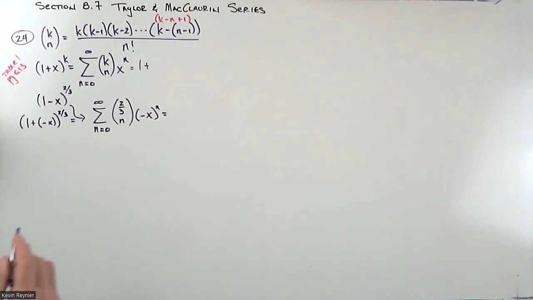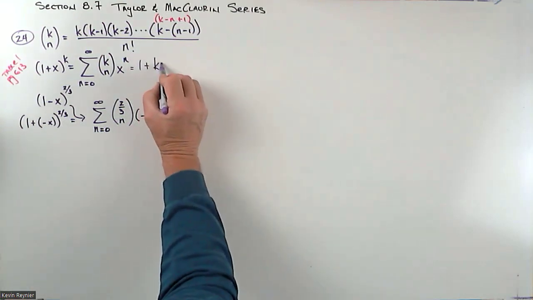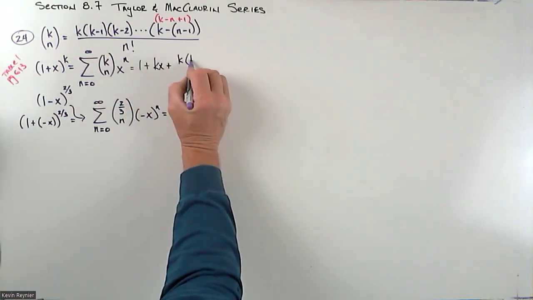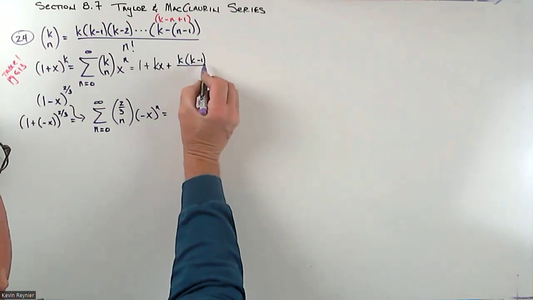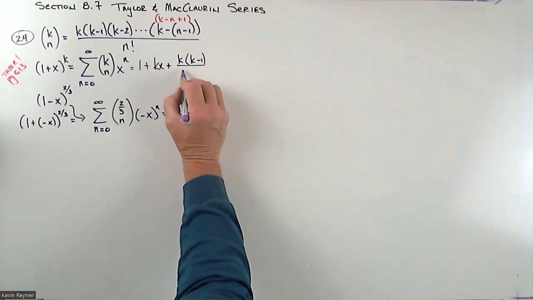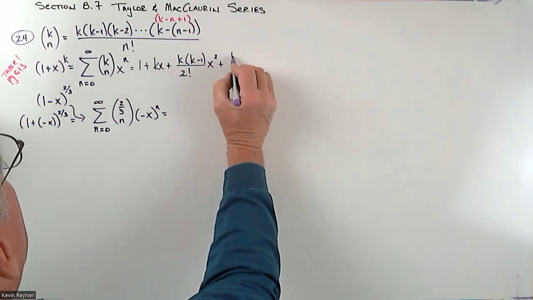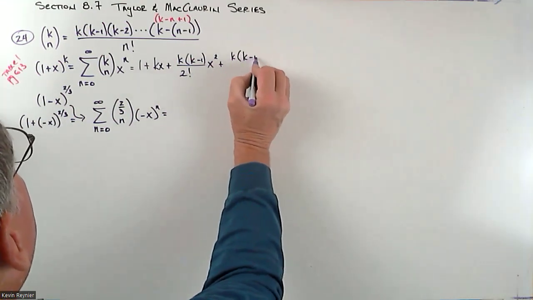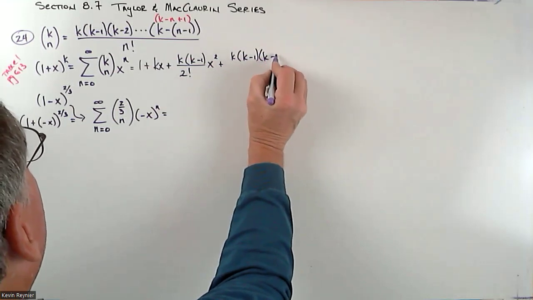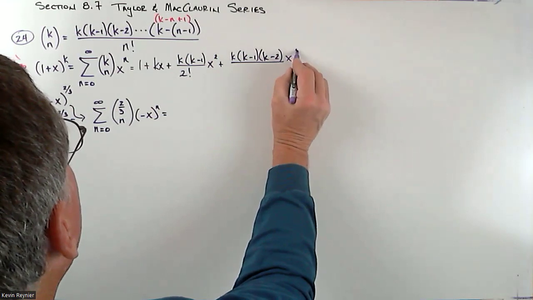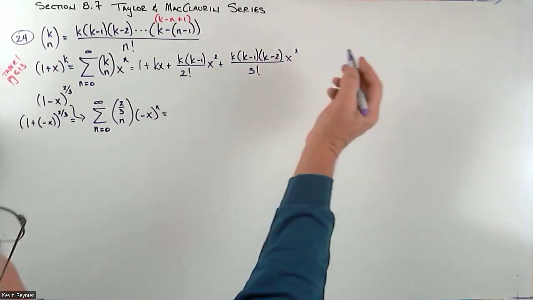It's 1 plus kx plus k times (k minus 1) all over 2 factorial times x squared plus k times (k minus 1) times (k minus 2) times x cubed all over 3 factorial, and it just goes on and on.